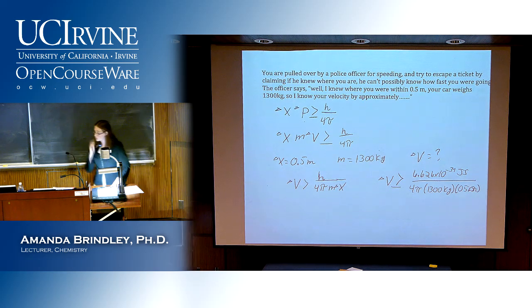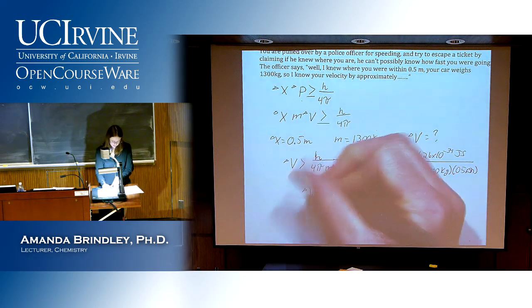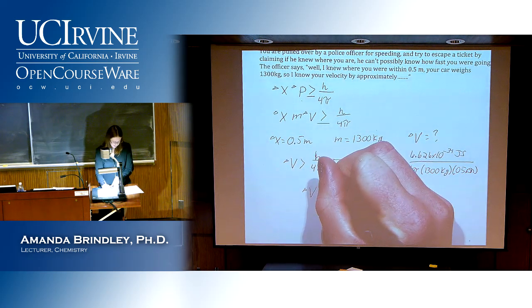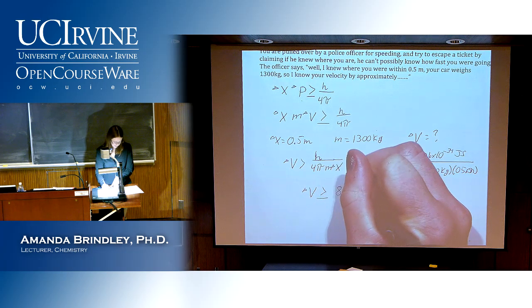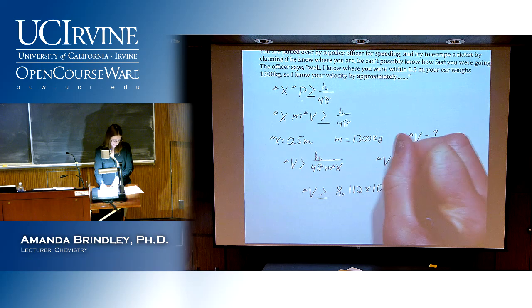Okay, so if we do this, we get a delta V. Our delta V has to be greater than or equal to, according to quantum mechanics, this.